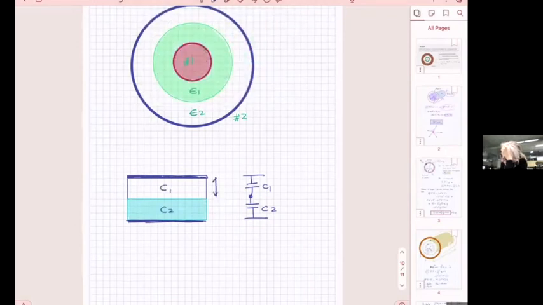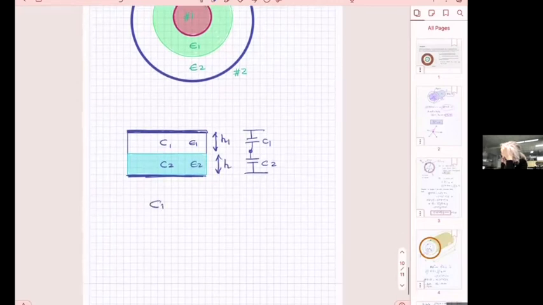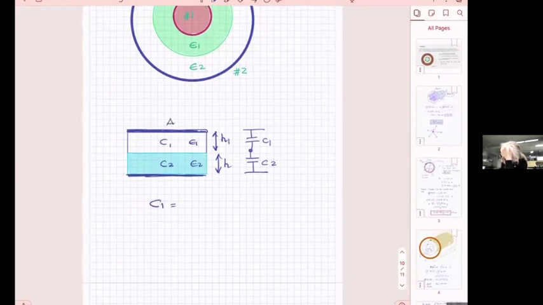If this is H1, epsilon 1, and H2, epsilon 2, then C1, you don't have to derive anything, you will remember, was A epsilon 1 over H1, and C2 was A epsilon 2 over H2.